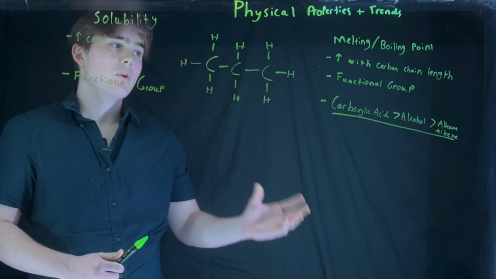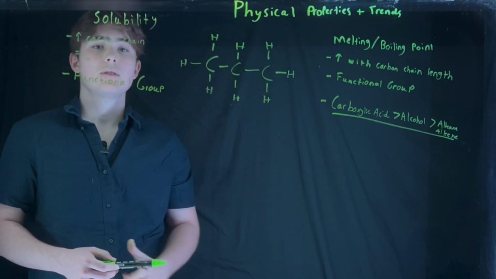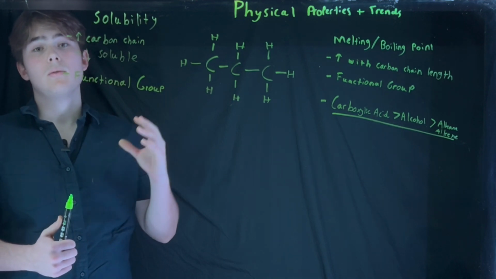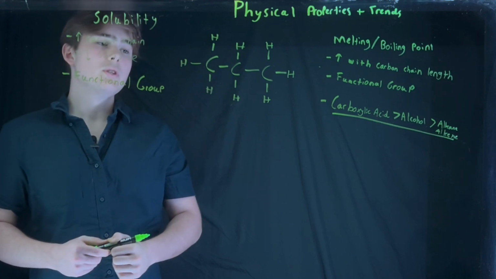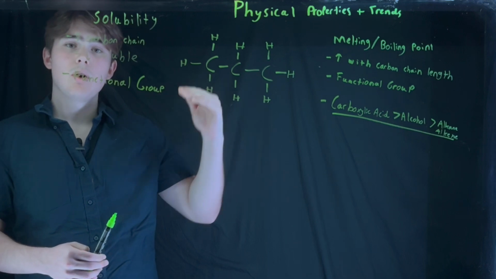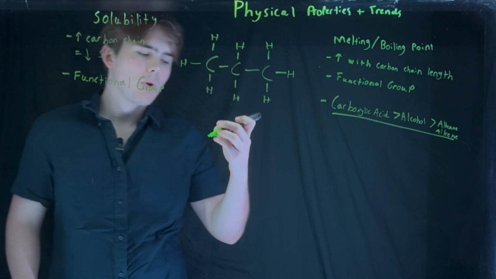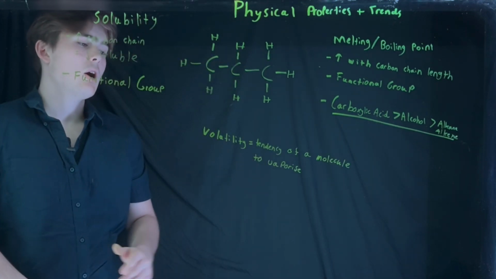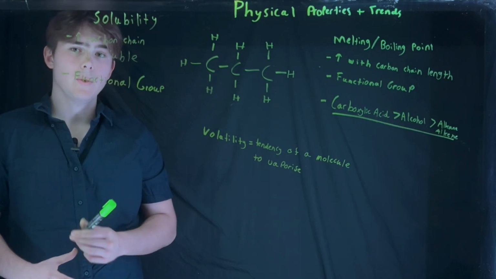So if we take water, for example, that has a boiling point of 100 degrees Celsius, that's actually going to be a low degree of volatility when we compare that with something like propane or butane, which has a much higher tendency to vaporize than water does. So it's the tendency of a molecule to vaporize. So if a molecule had a high volatility, it would mean it has a very low boiling point.